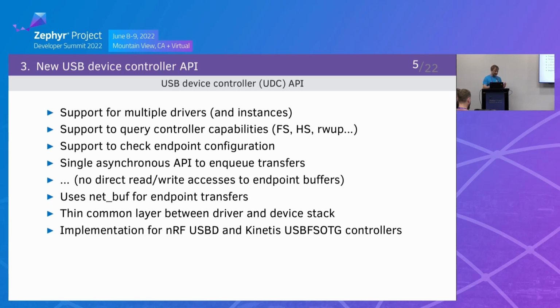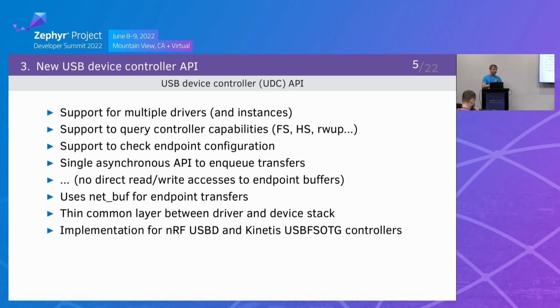That's a topic for a different discussion. But we started with that approach, and for the meta information about the data transfer, we use the user data area in the net buffers. There is a thin common layer for all the drivers.